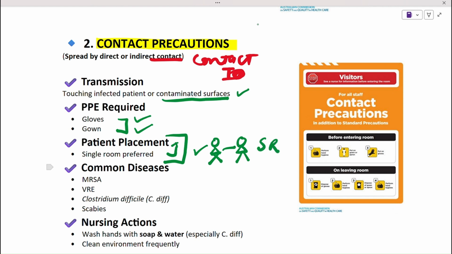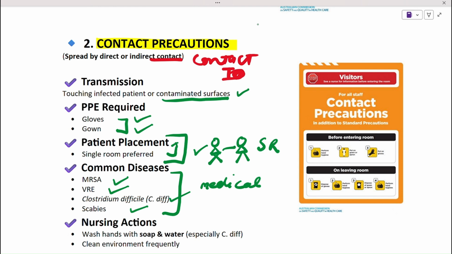What diseases come under contact precaution? These are the diseases: MRSA, VRE, Clostridium difficile, and scabies. So you can learn this. For example, whenever you are attending your medical exam, this can be asked. So remember these are the diseases which come under contact precautions.